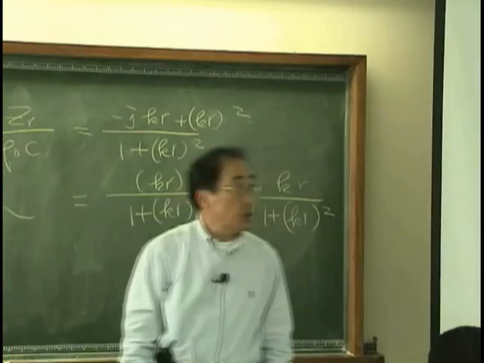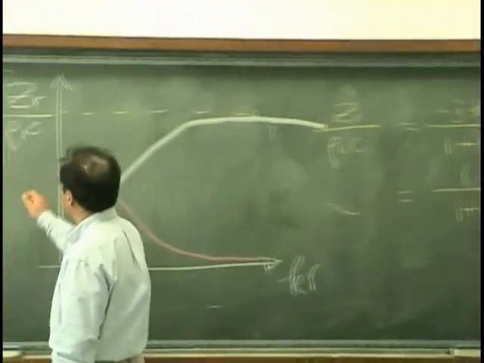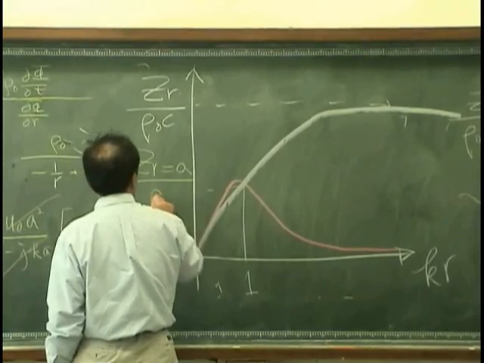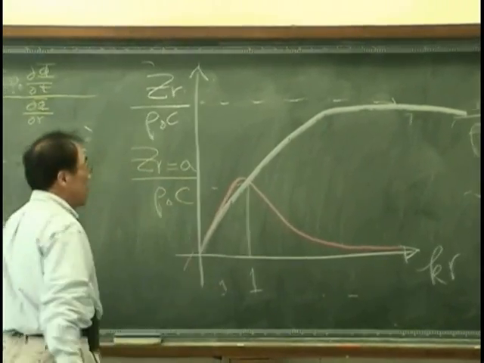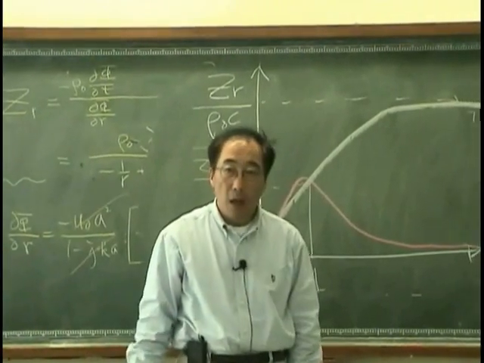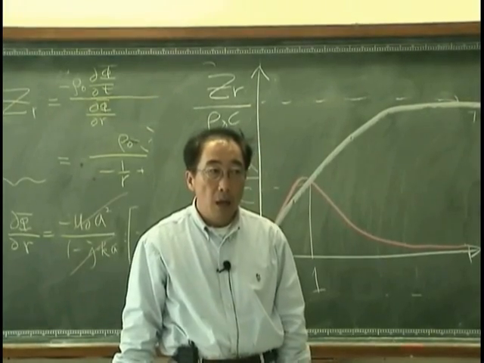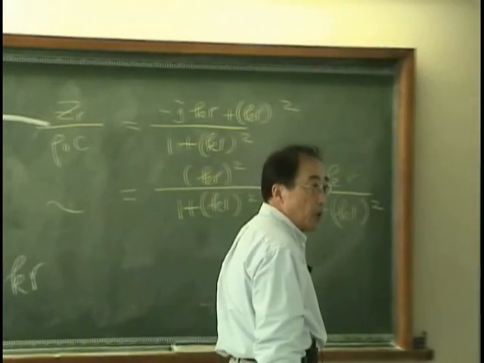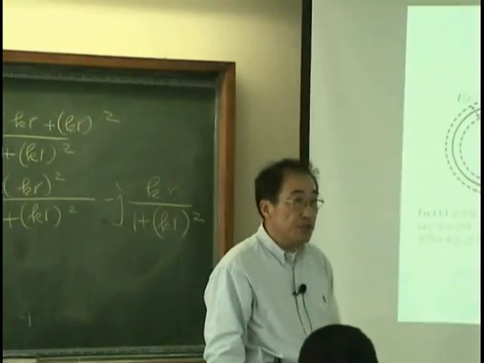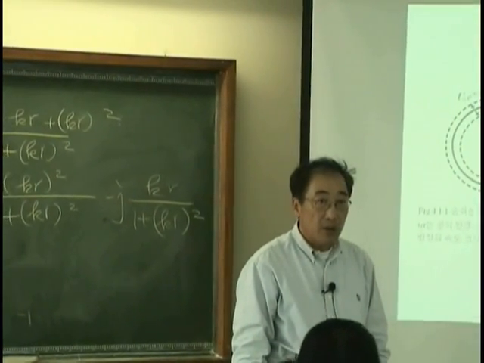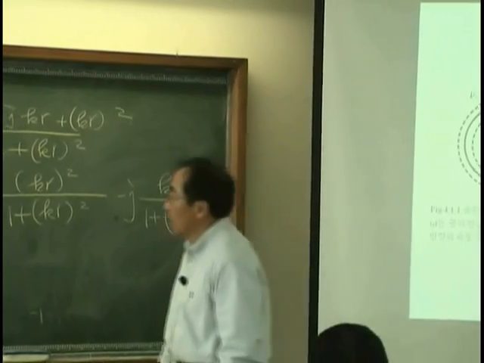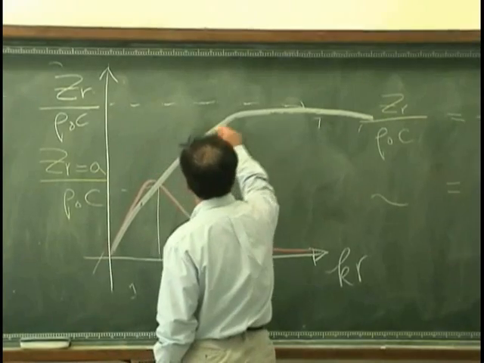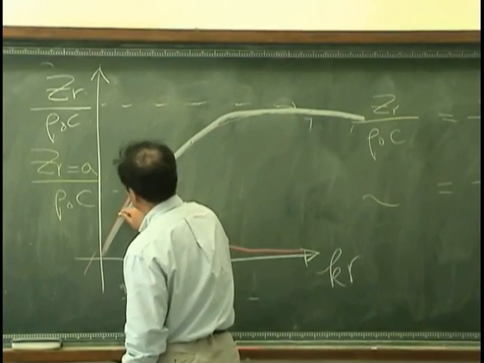And also note that ZR when R equal A, when A equal A, that is what? That is the sort of driving point impedance of breathing sphere, right? And R equal A. That also looks like this.